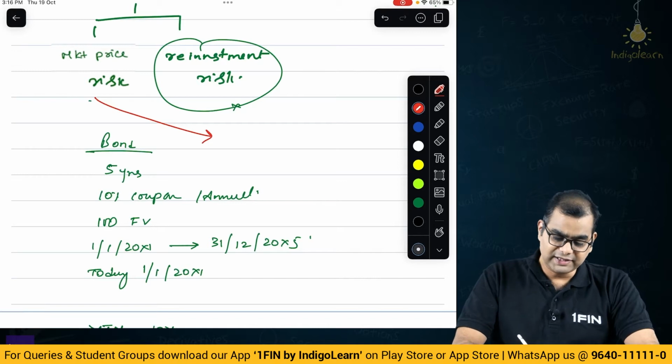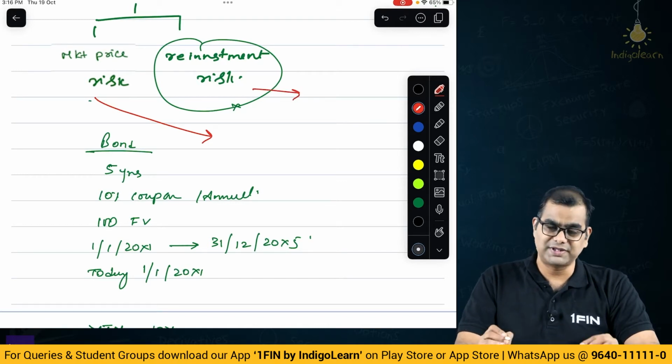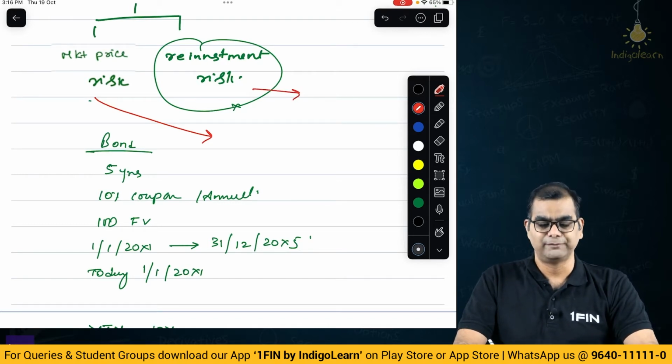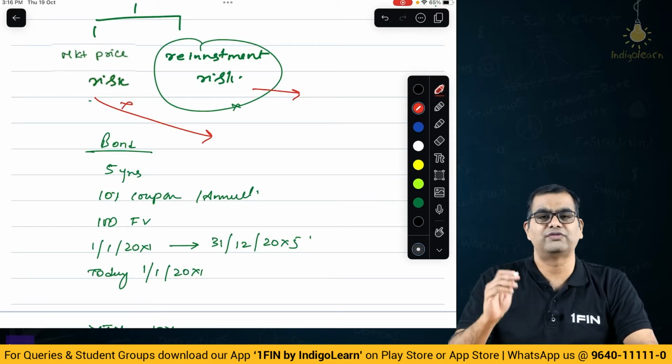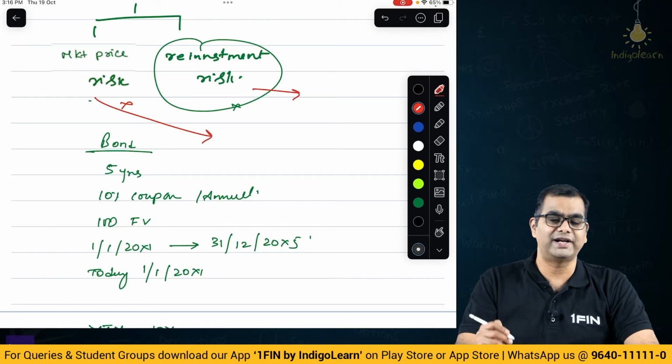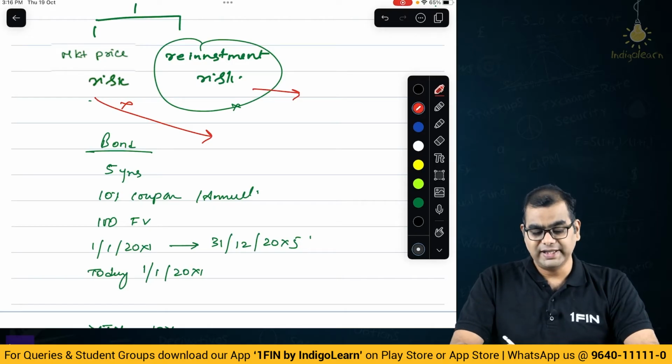Okay, and this reinvestment risk, as well as this market price risk, exists for every kind of bond. However, there is a way in which you can avoid these two risks.